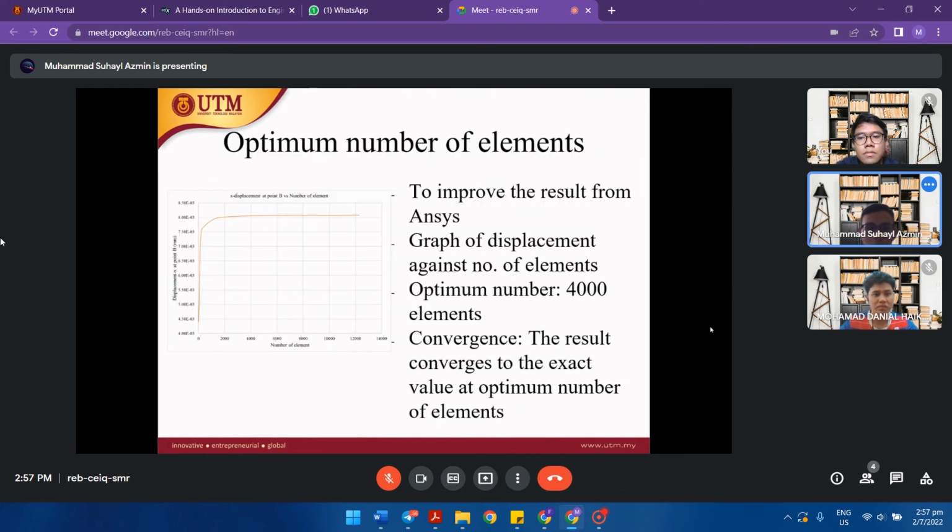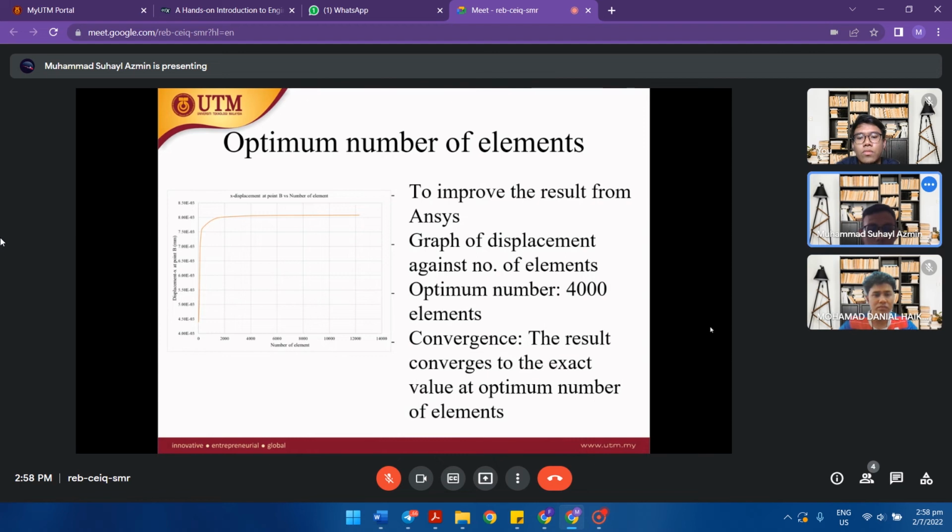Next, the result obtained from ANSYS can be improved by using the optimal number of elements. The reason to find the optimal number is to find the convergence of the answer to the exact value. Theoretically, the result is more accurate when using a higher number of elements. Therefore, we use a graph of displacement x at point B against number of elements.